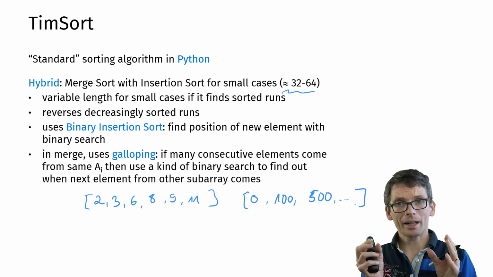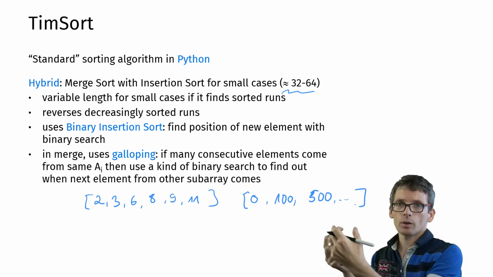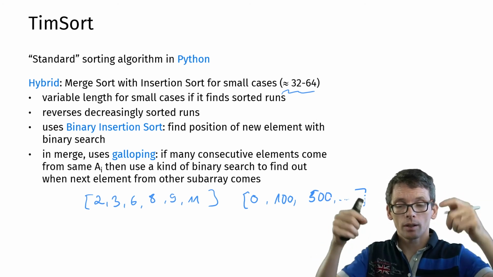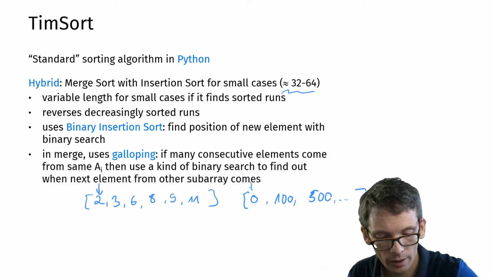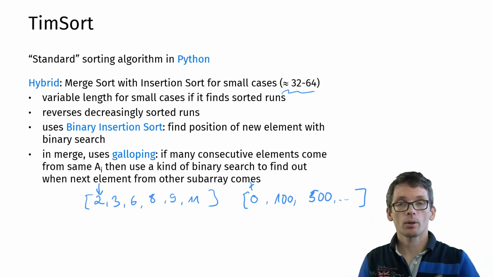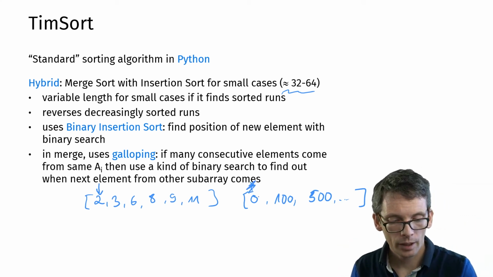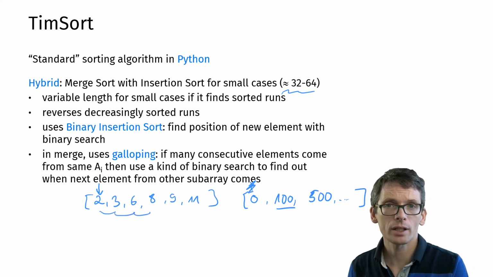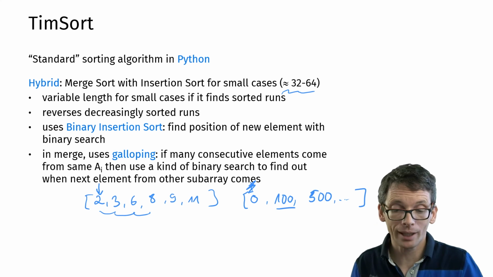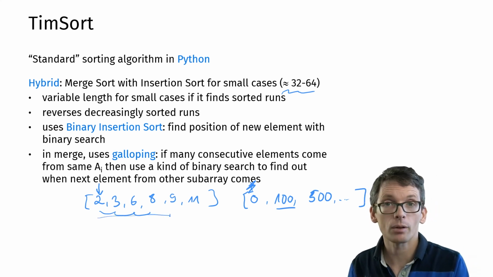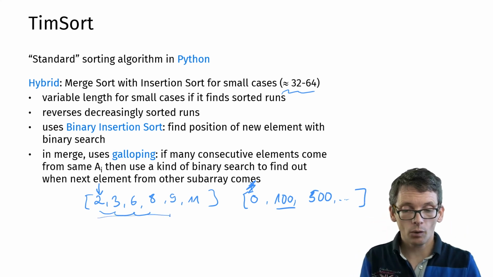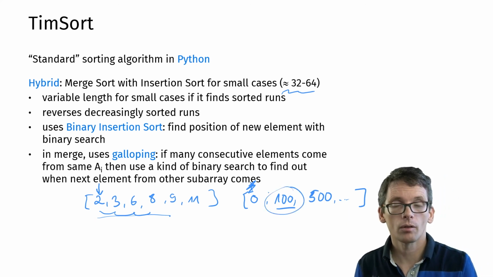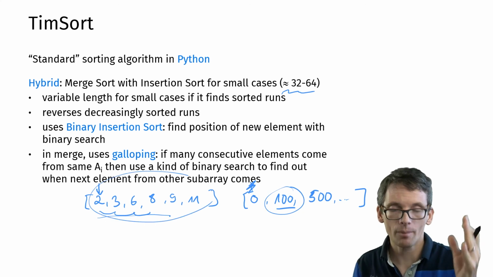So often enough we might have data where we have lots of close by numbers in one of my runs. Now, instead of always doing pairwise comparisons, when we have the 100 here and we've moved along for a while and have seen that this 100 is simply not coming, so we're taking many elements from here, instead of always comparing the numbers to 100, we do a binary search for 100 in here, or something like a binary search.